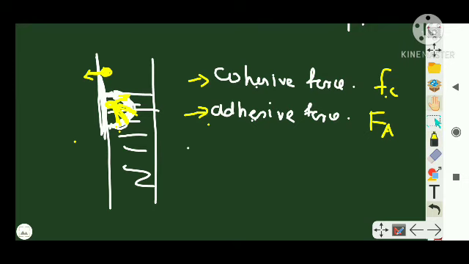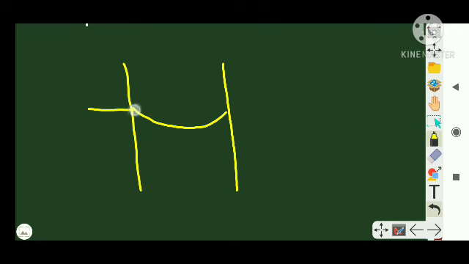If you want, I can show it in figure form. This is a capillary tube. Let us talk about water. So its meniscus will be like this. The adhesive force will be acting like this, towards the wall. And the cohesive force, I will draw it like this.